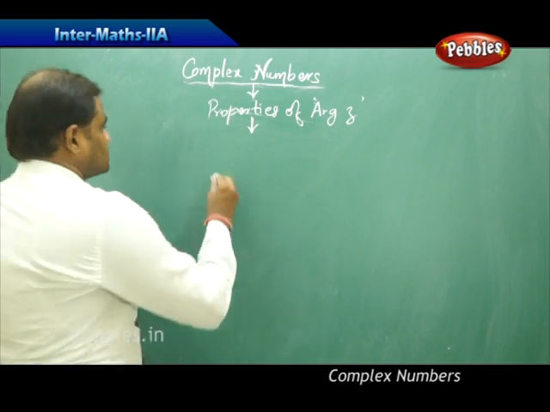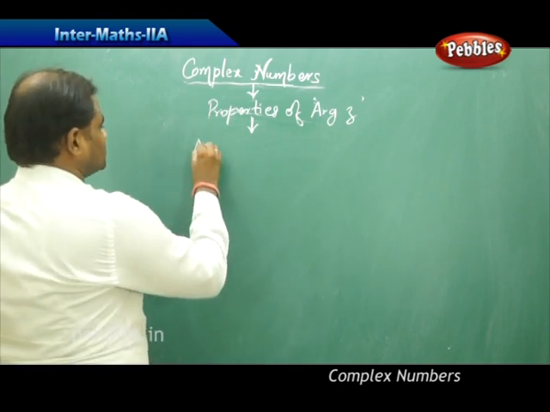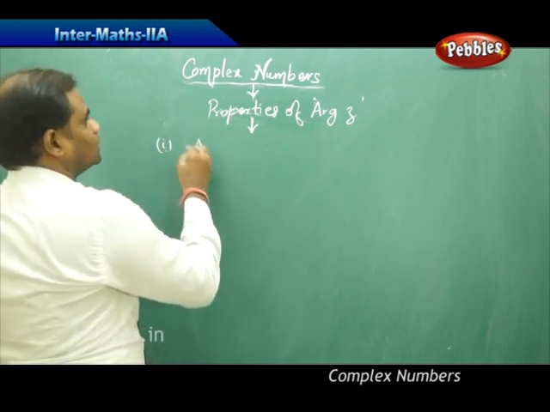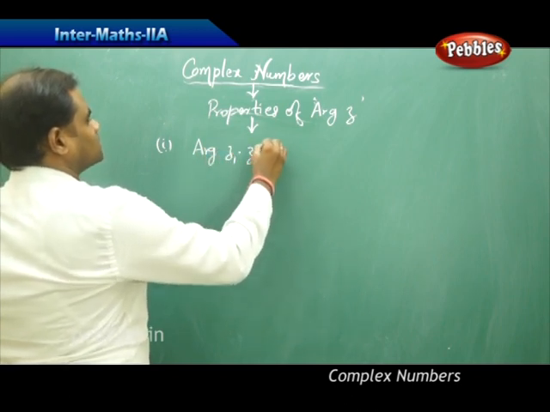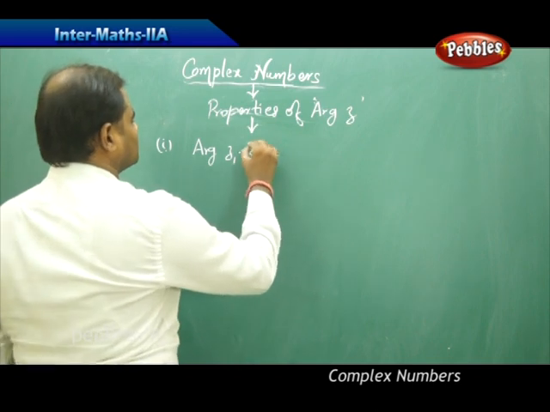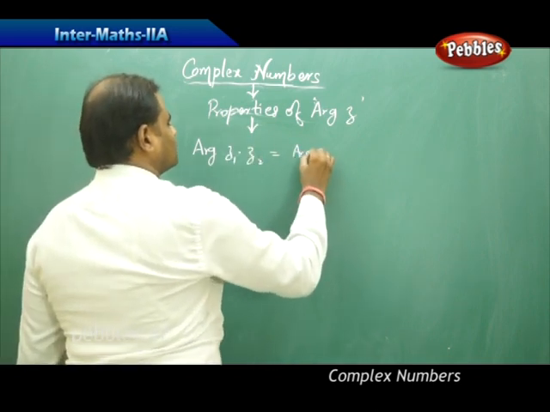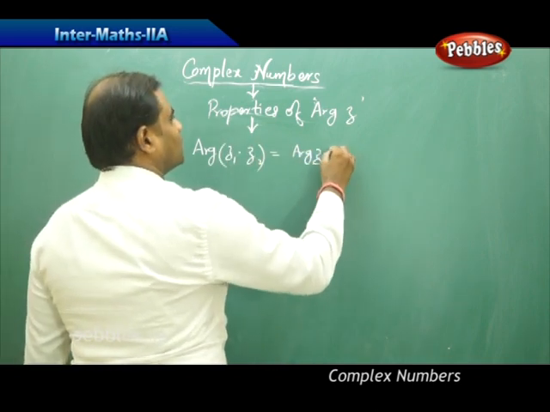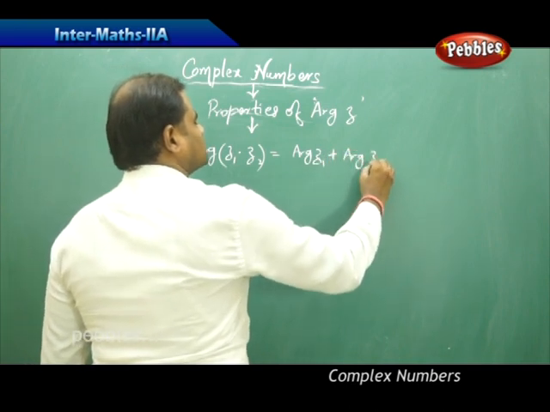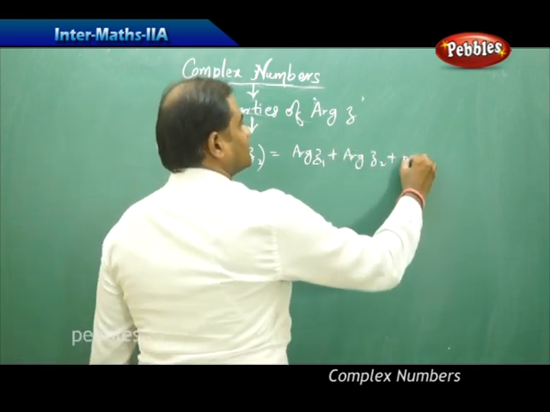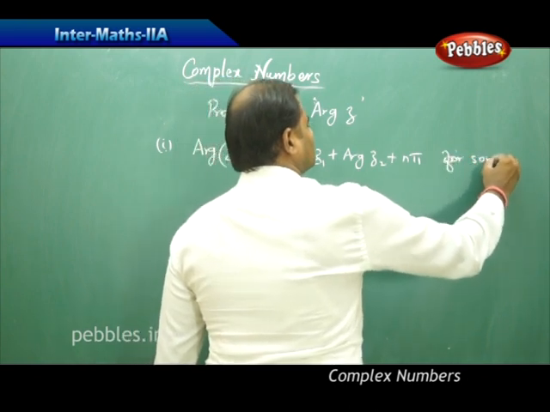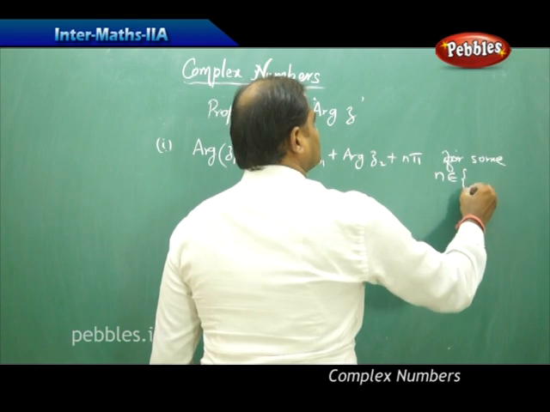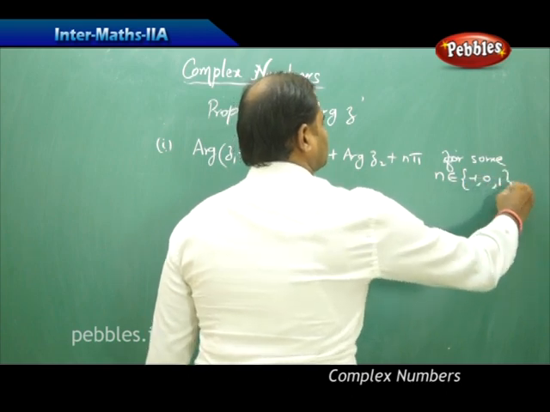The first property of argument is that the argument of z1 times z2 is given by argument z1 plus argument z2 plus n pi, for some n belonging to minus 1, 0 and 1.